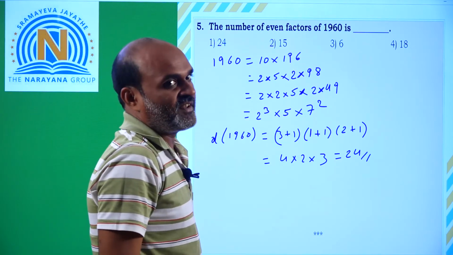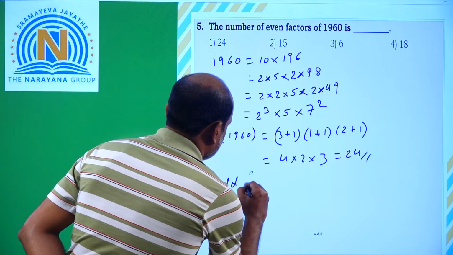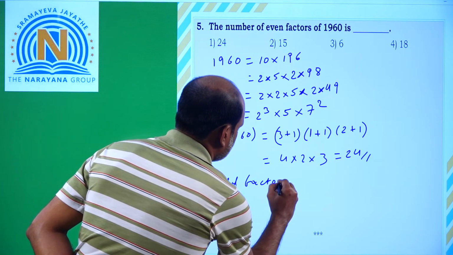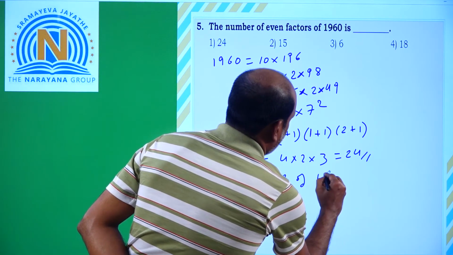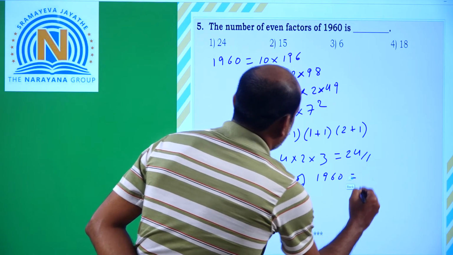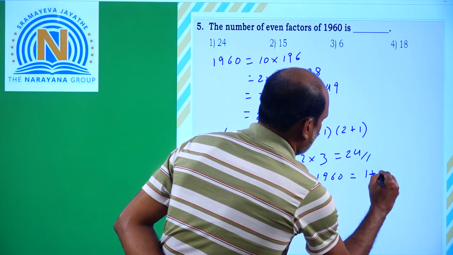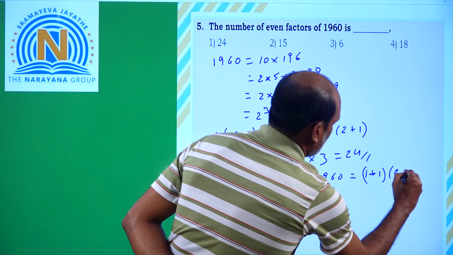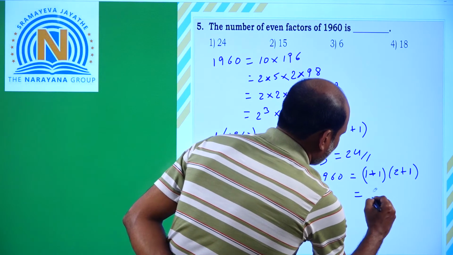Now he is asking for even factors. First, odd factors. Odd factors of 1960: take the odd powers only, that is (1 plus 1) into (2 plus 1), which is 2 into 3, that is 6.